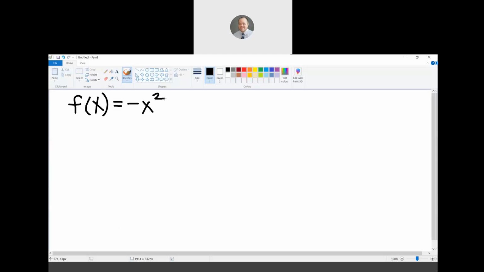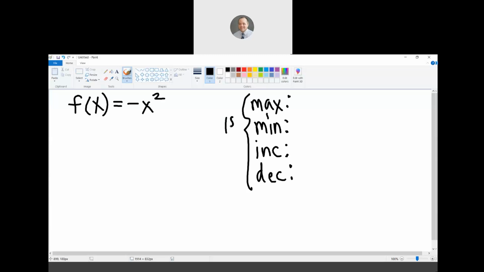And we want to find all of the key characteristics of our graph, namely relative max or relative min if they exist, and areas of increasing or decreasing. And remember, all of this information we can find using the first derivative test.